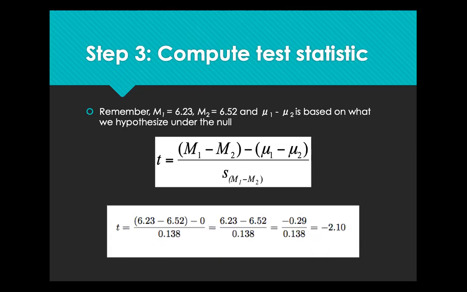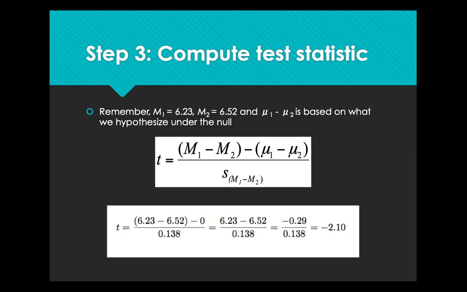So when we need to compute the t statistic here, we're just going to plug in these numbers that we've already found. So 6.23 minus 6.52, those are the sample means, minus 0. Because again, the population mean 1 minus population mean 2, if the null hypothesis is correct, will be 0.